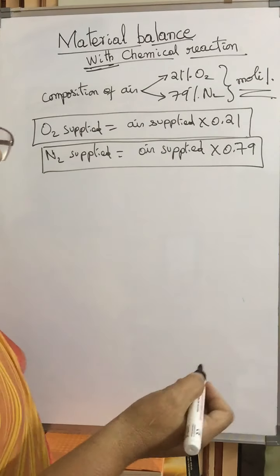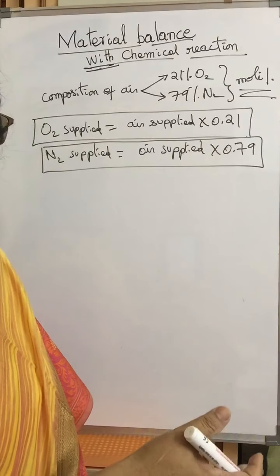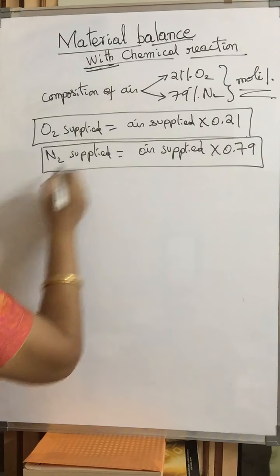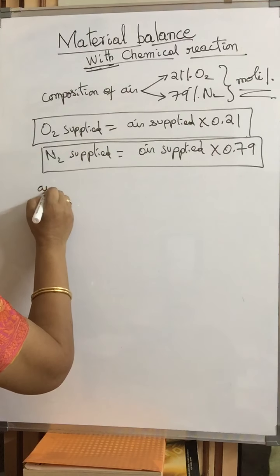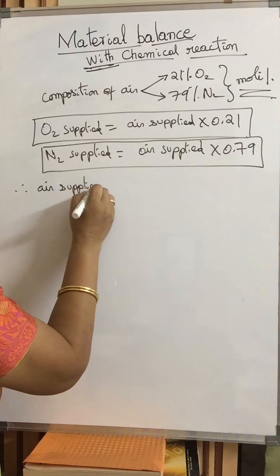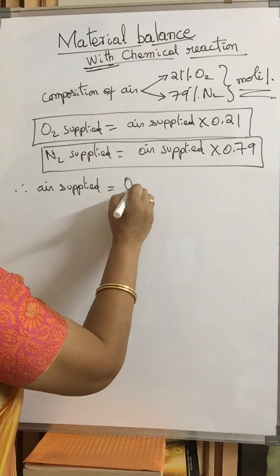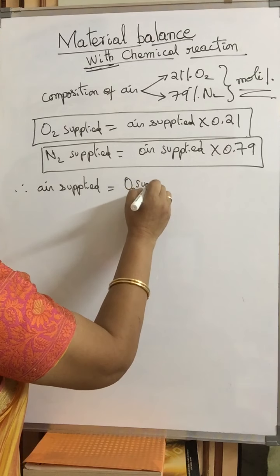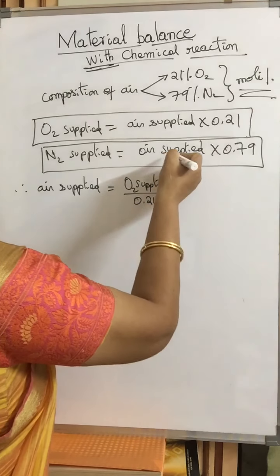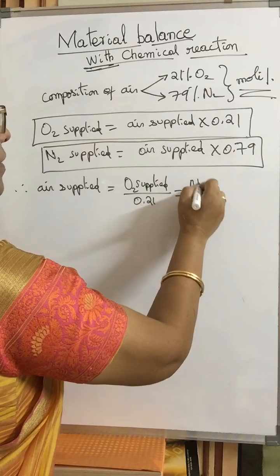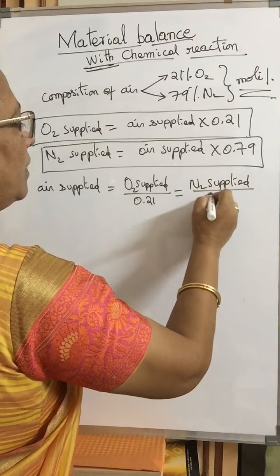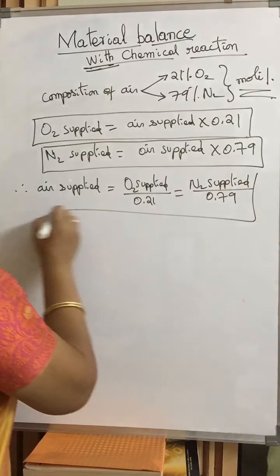Sometimes we have the oxygen supplied amount and need to calculate air supplied. From the same equation, air supplied is equal to oxygen supplied divided by 0.21, or equal to nitrogen supplied divided by 0.79.